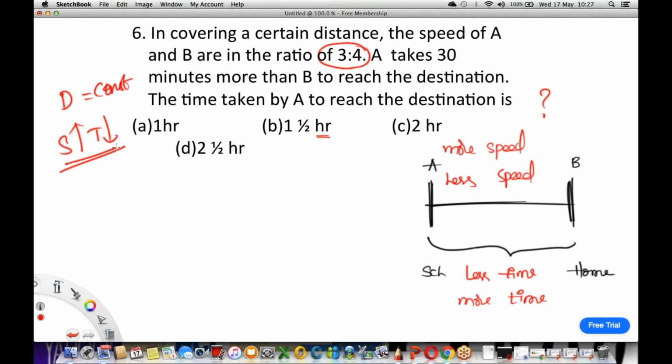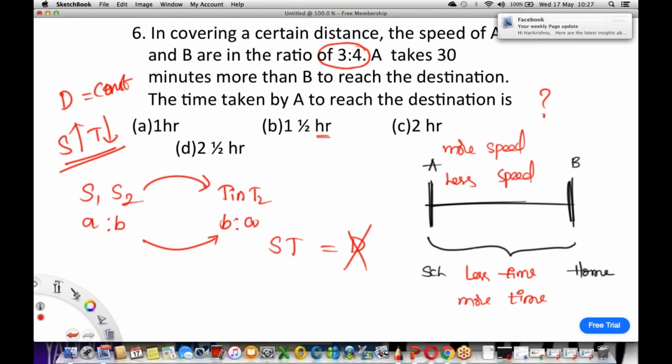So speed and time are always in inverse relation. Suppose the ratio of the speeds S1 and S2 is A is to B, then the ratio of the times T1 and T2 will become B is to A. Undoubtedly I can write this, because speed into time is equal to distance, and we kept the distance as constant.